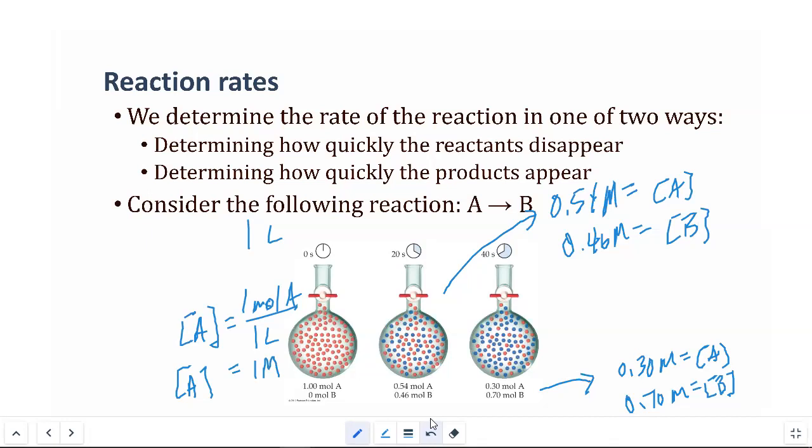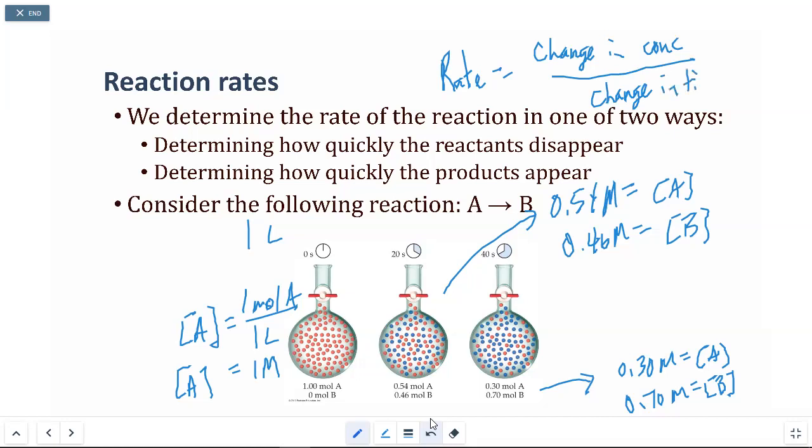The rate of reaction would be the change in concentration divided by the change in time.